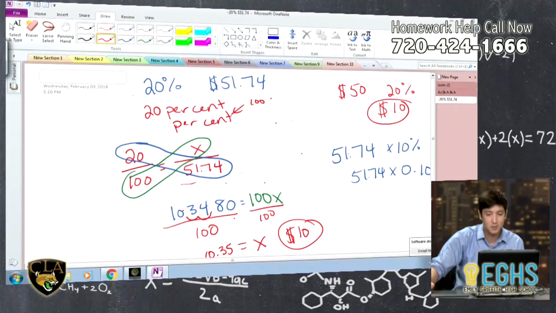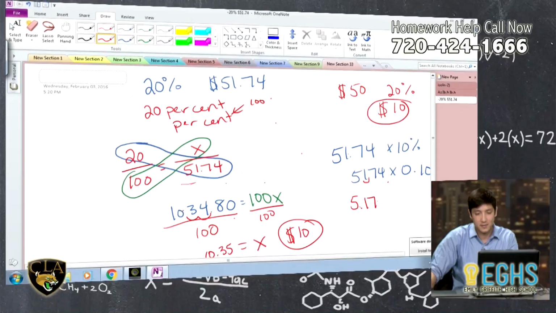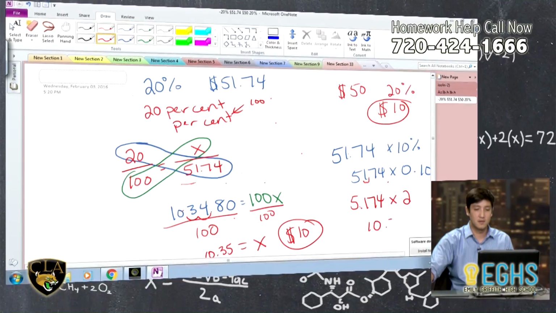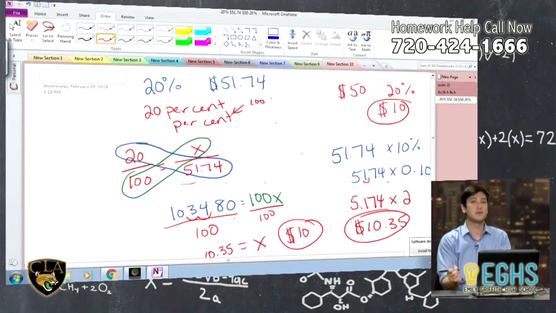You can just move the decimal over to the left 1 place, and you get 5.174, and because we're doing that twice, you just double this, and you get 10.35 again. That's the way I like to think about it. Just do 10% and then double it, and it's a really quick calculation. Move your decimal, times 2.